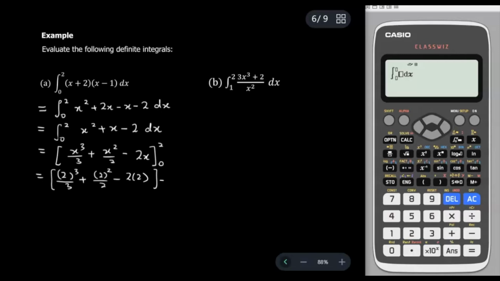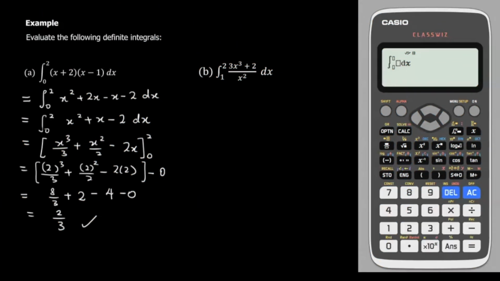And then after that, we minus, we substitute 0 inside, so the whole thing becomes 0. So you will get 8 over 3 plus 2, because 4 divided by 2 is 2, and minus 4 and minus 0. So we will get 2 over 3. Okay, and this is the answer.